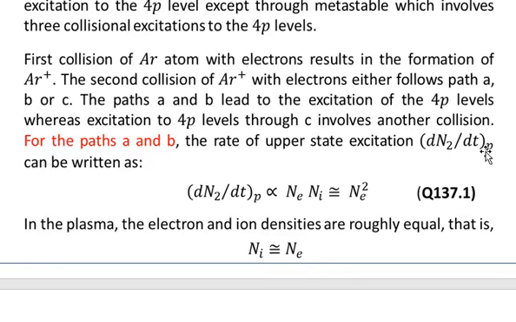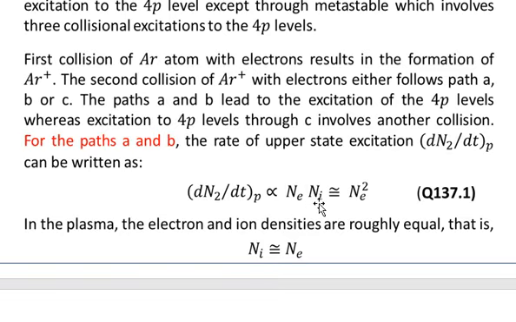So dN2 over dt, the population of the 4p level through the pumping process, can be written as shown in equation number 1. It is directly proportional to two quantities: one is Ne, the number of electrons present in the system, and the second is the number of argon ions.